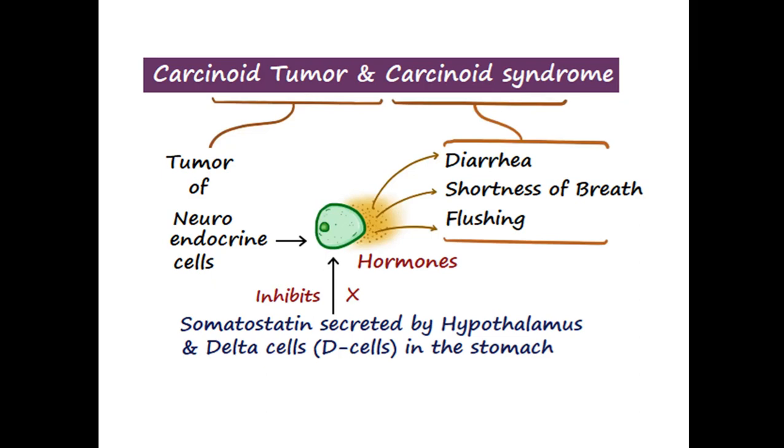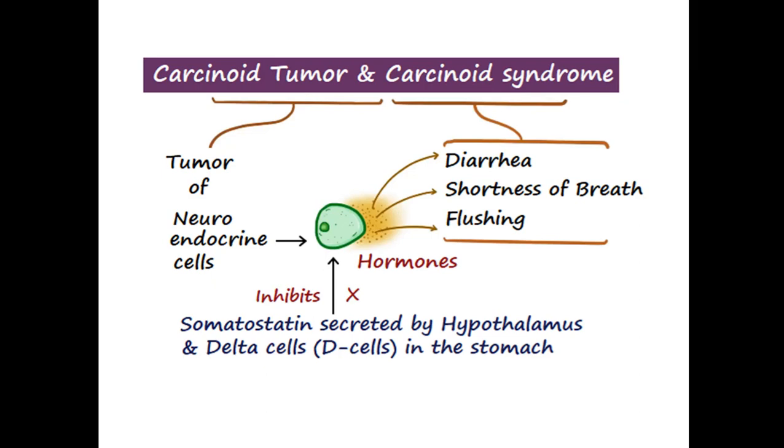These neuroendocrine cells, when they become tumorous and cancerous, will cause excess secretion of various hormones that are secreted by the neuroendocrine cells.